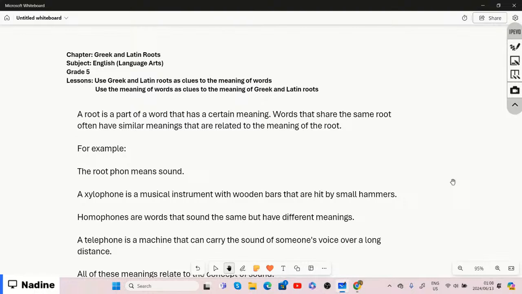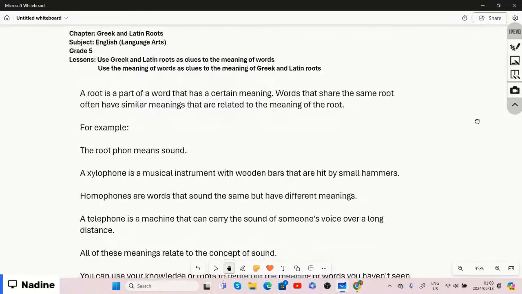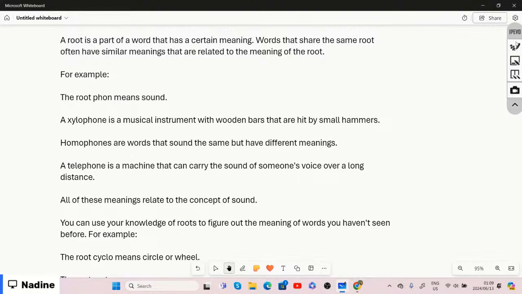In this case, with Greek and Latin roots, a root is a part of a word and it has a certain meaning, so whatever you add to that root, the meaning will stay kind of the same.